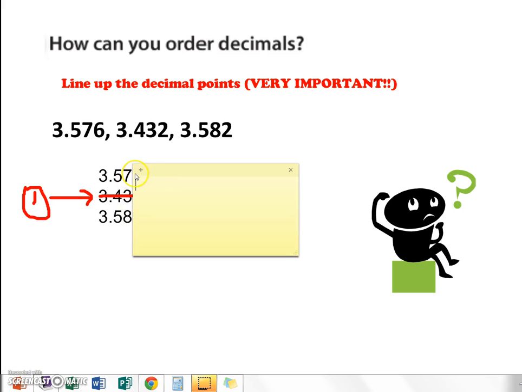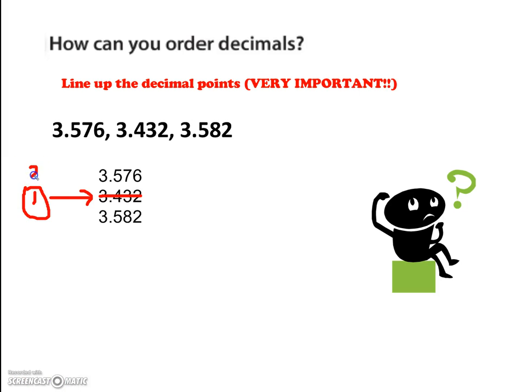And now I have these two numbers, a 7 and an 8. So the next one is going to be this 6 up here, this 7 up here, and then the last one is going to be this one that has an 8 in the hundredths place.